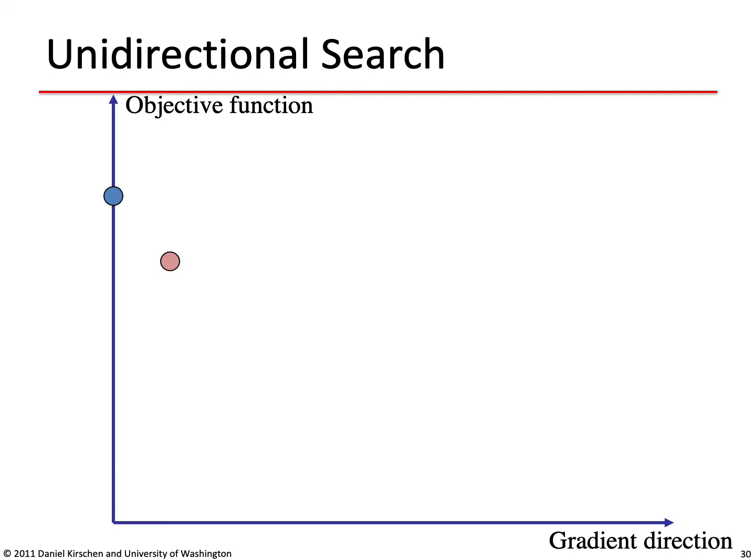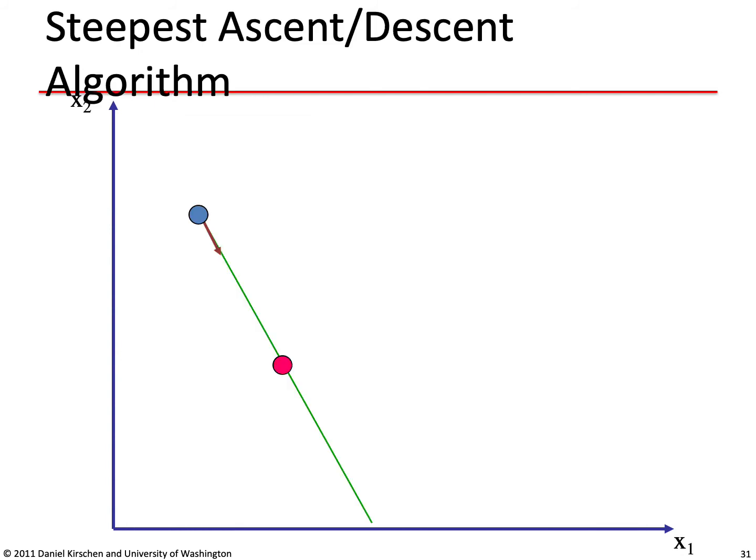So let's proceed with this search. We start from the point where we were and, using the unidirectional search algorithm, we look for the point where this function is minimum along this direction. The point where we find the minimum or the maximum along this direction is not necessarily going to be the minimum or maximum of the objective function. In fact, in most cases, it will not be, because the objective function is typically not simple.